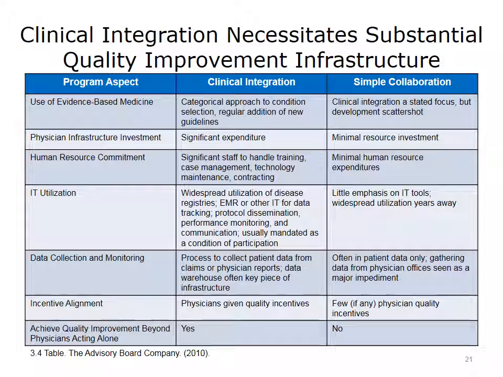So when there are multiple physician groups forming a multiple enterprise with hospitals and ambulatory surgery centers, for example, there is absolutely an expectation that physicians will perform and compare data with one another so that they can increase quality and decrease costs. In clinically integrated networks, there is substantial quality improvement infrastructure as compared to simply a collaborative or an affiliated group of physicians.